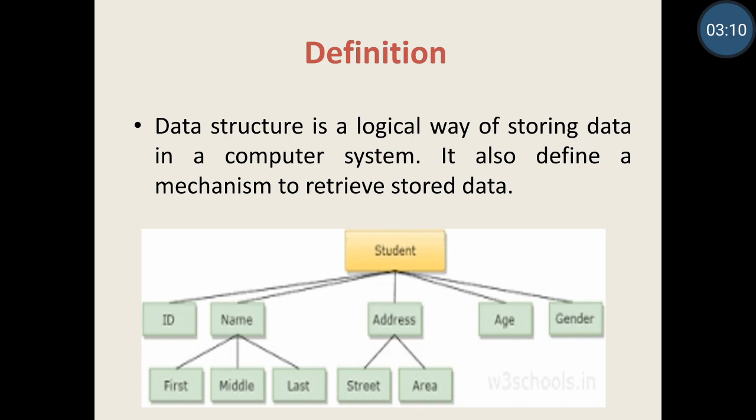Like name is subdivided into first name, middle name, and last name. Address can be divided into street and area. So name and address here are the group items, and ID, age, gender, which cannot be subdivided into subcategories, are called elementary items.